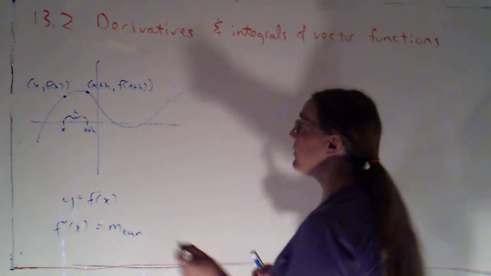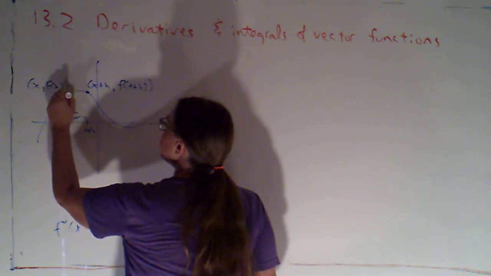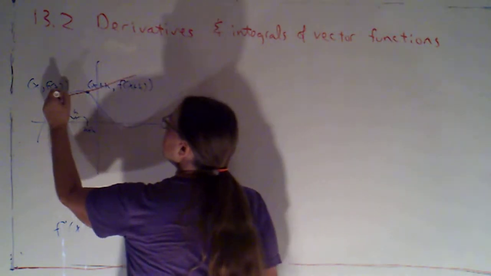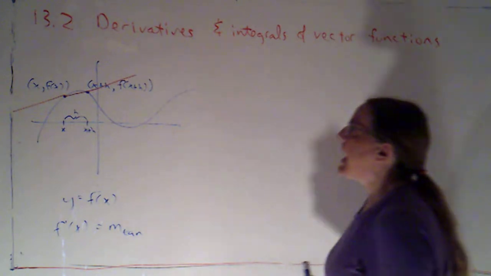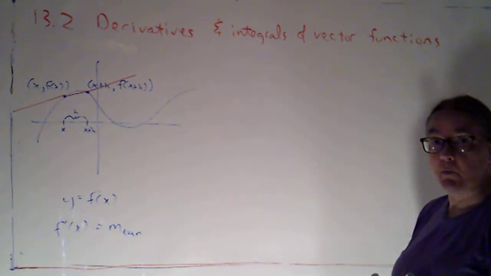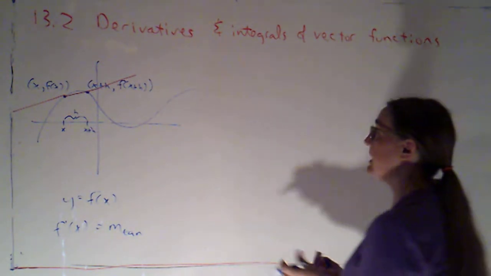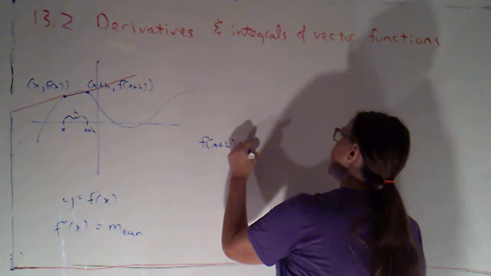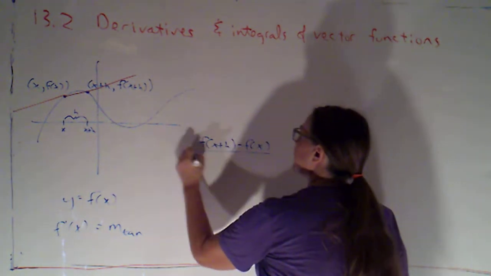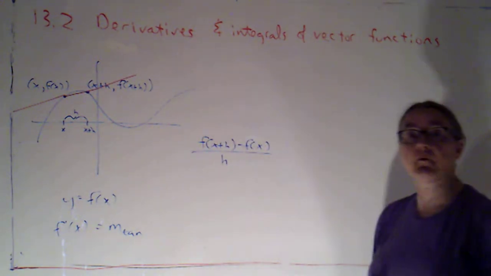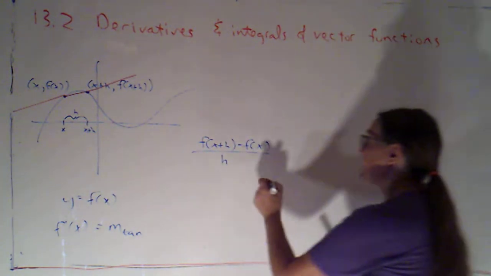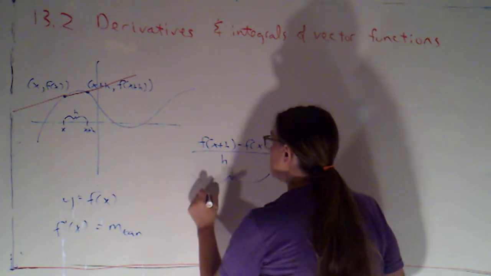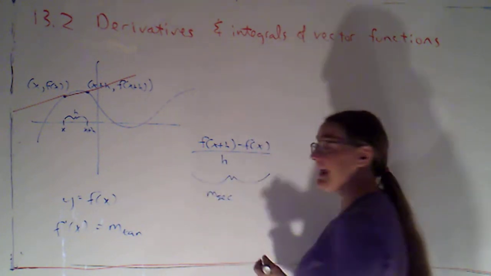Once I have 2 points, I can draw in the secant line between them. And I can calculate the slope of that secant line. That would be rise over run, f of x plus h minus f of x, all over the run, which is h. Now that represents the slope of my secant line.